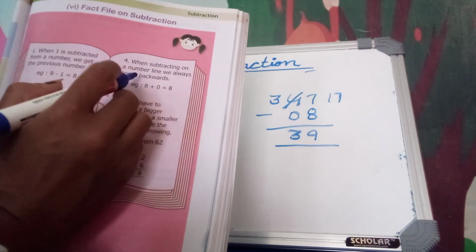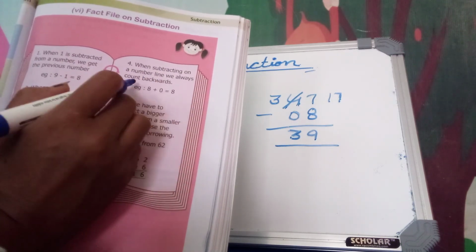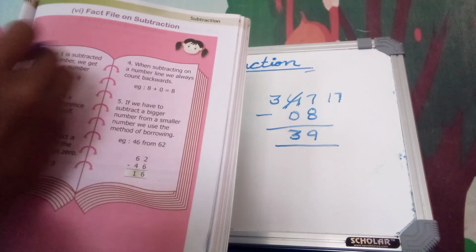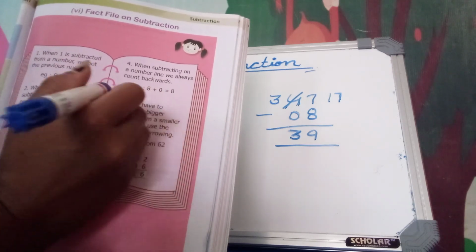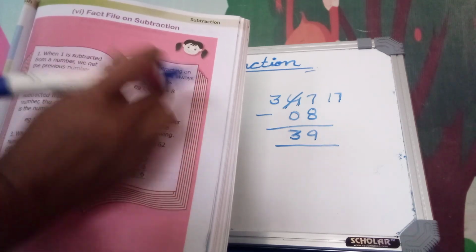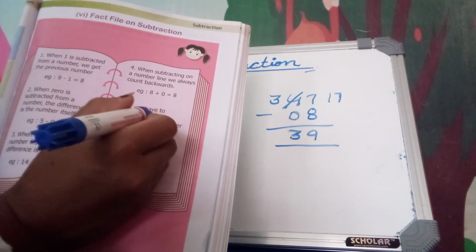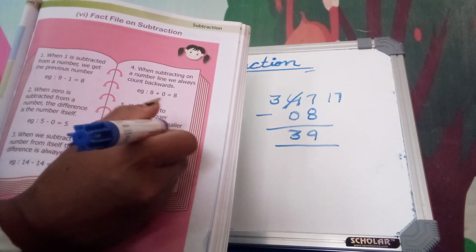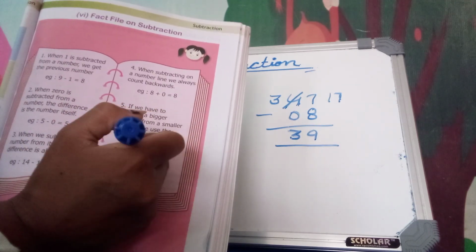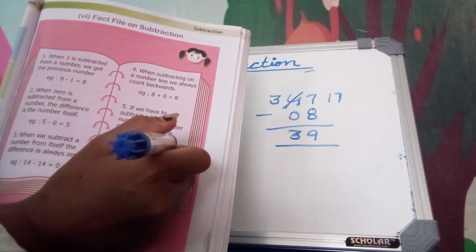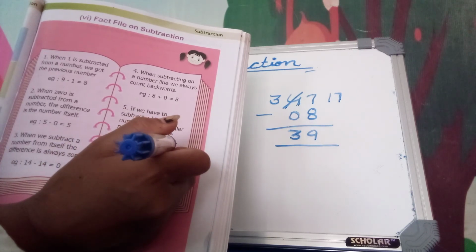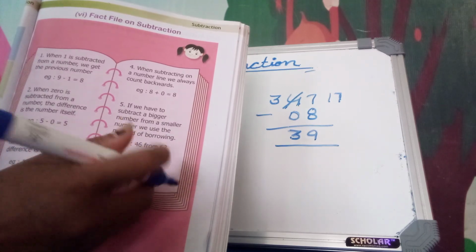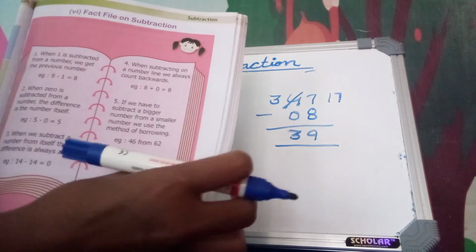When subtracting on a number line, we always count backward. Okay, if we have to subtract a bigger number from a smaller number, we use the method of borrowing. If the number is smaller than the subtracted number, we borrow from tens.